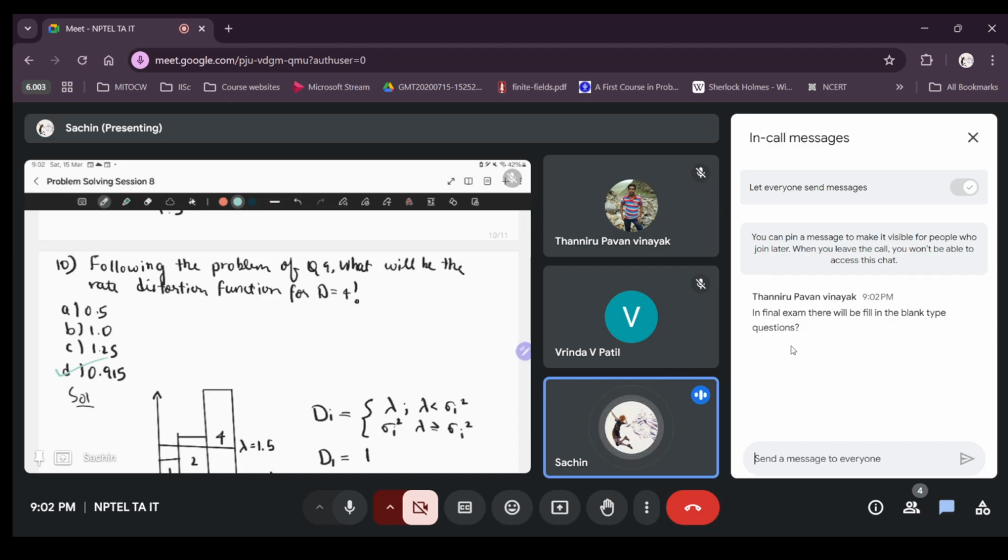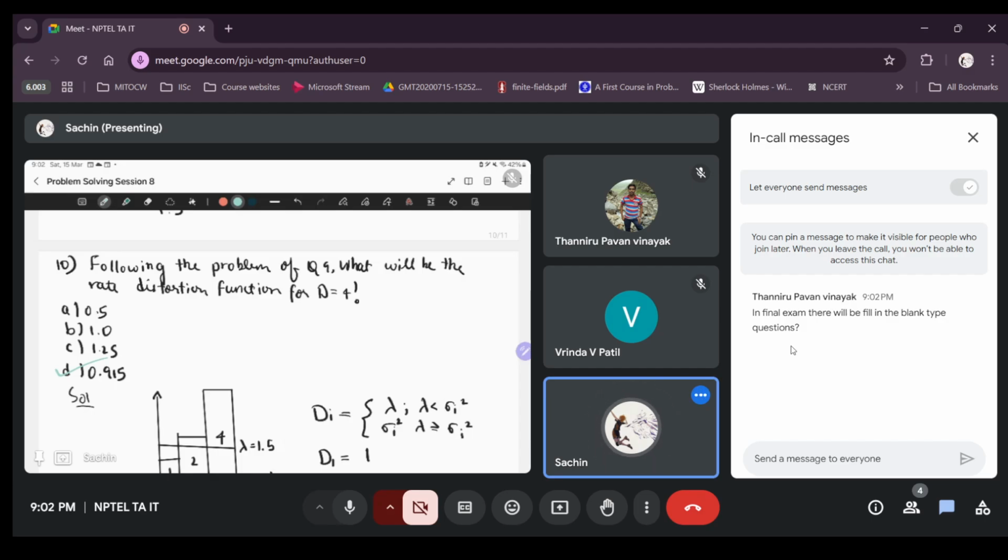Actually, I have not set the question paper. I am an external TA kind of, so I only do the problem solving sessions. The people who set the question paper are TAs directly under Professor Adrish, so they will be from IIT Kharagpur. So you'll have to ask in the Q&A section in your course page.